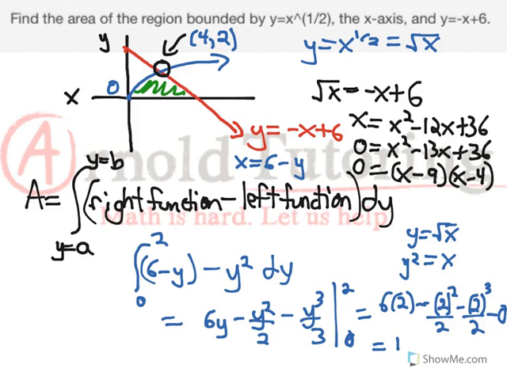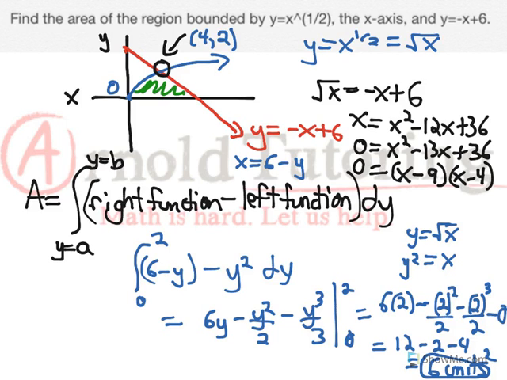So we get 12 minus 4 over 2, which is 2, minus 8 over 3, which is 4, which equals 6. We call it units squared because this is area. So the area of that green part is 6 units squared.